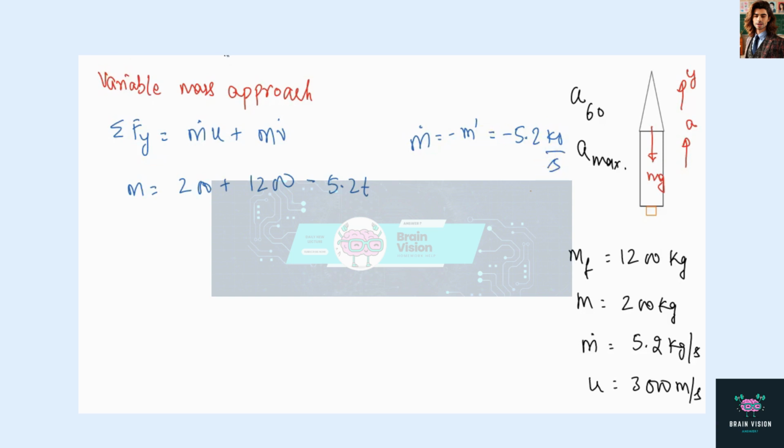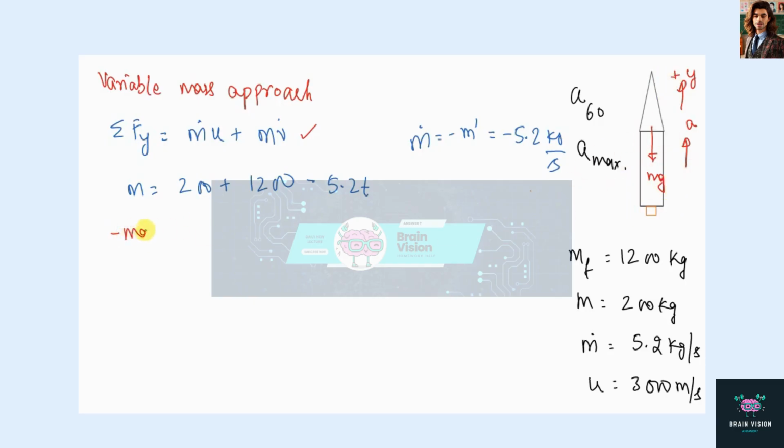Now we can put the values in this formula. Sigma Fy: we have only one force in the y direction, that is mg, acting in the downward direction, and since we have taken positive as vertically upward, we have to take this force to be negative.